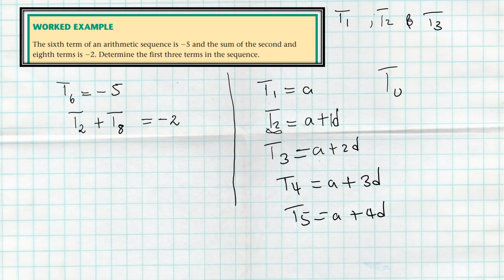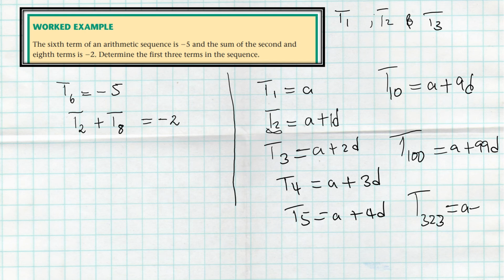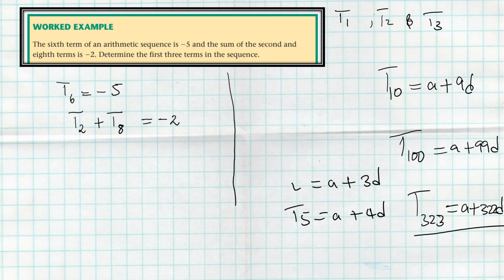If you are given term number 10, it's A plus 9D. Term number 100 will be A plus 99D. Term 323 will be A plus 322D. So that's the trend you can see. Once you know the trend, you'll be able to solve these questions. Let's go and solve them and see how it goes.